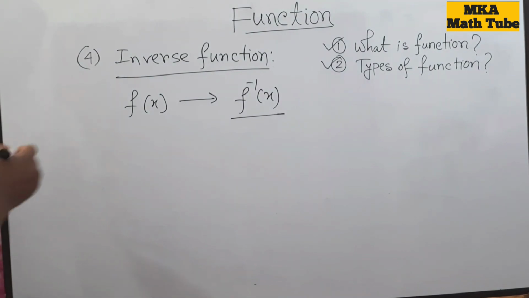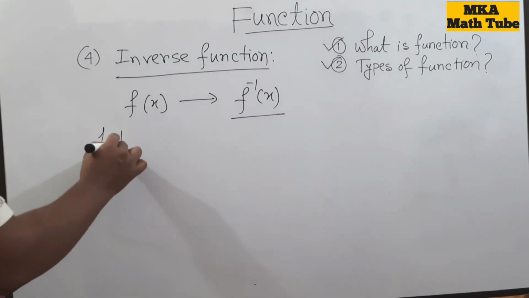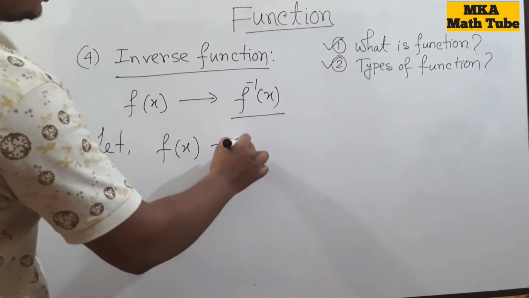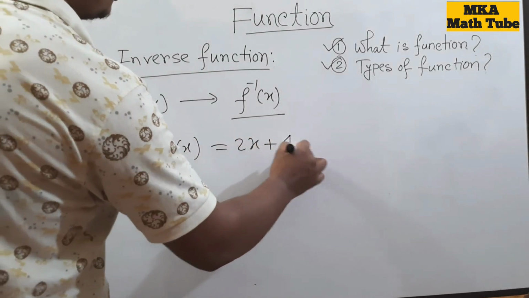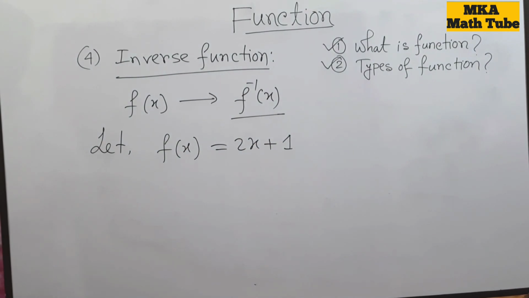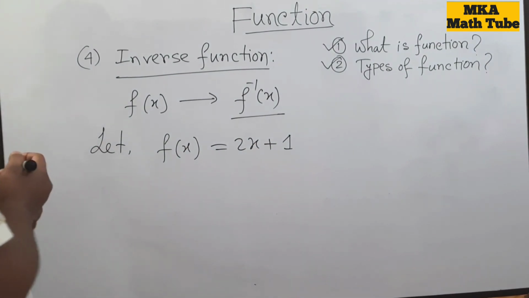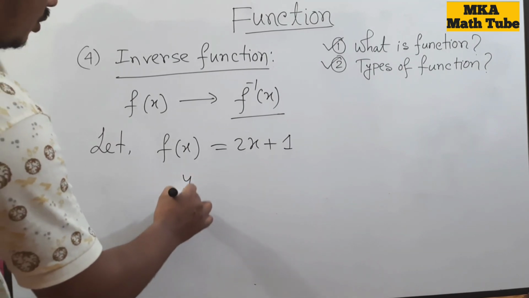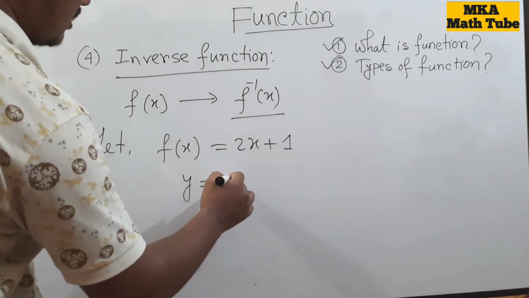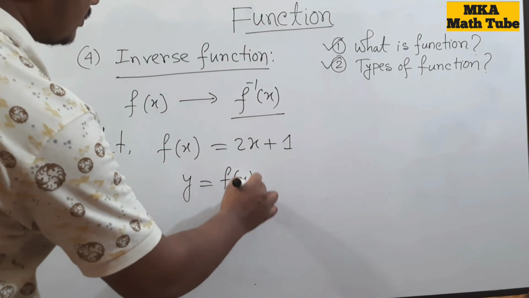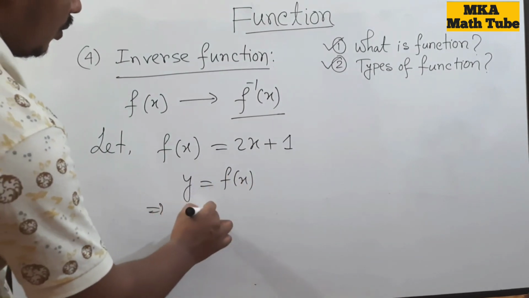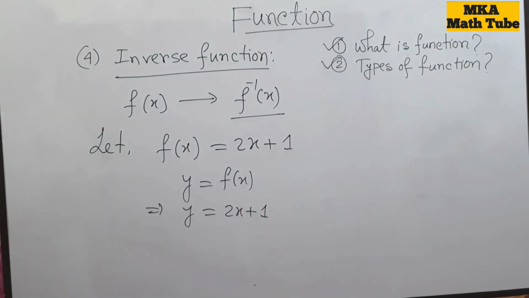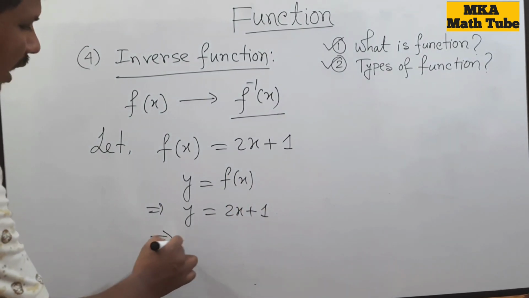Okay, for example, let us consider a function, let f(x) = 2x + 1. Then what will be the inverse of this function? For finding the inverse function, first we consider y = f(x). That means y = 2x + 1. Now we'll find the value of x in terms of y.